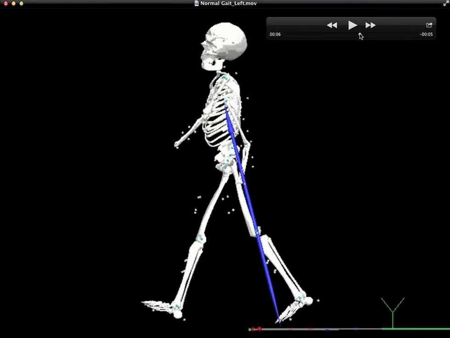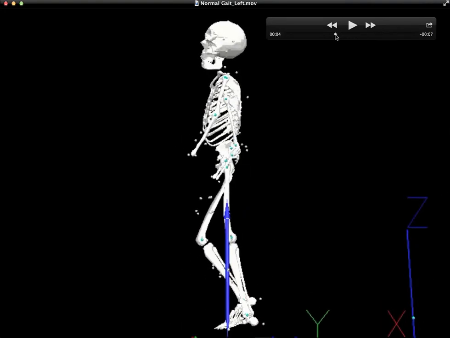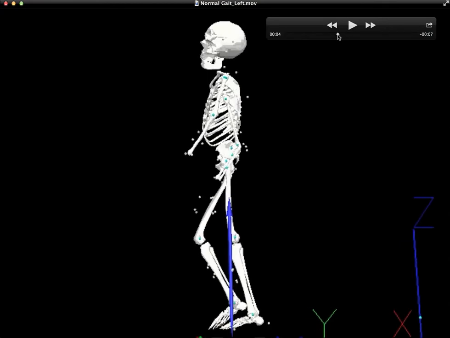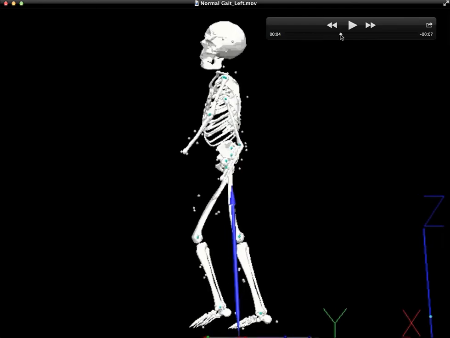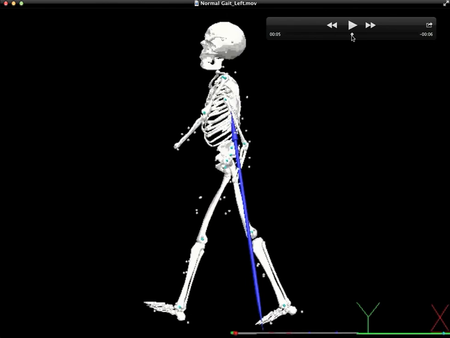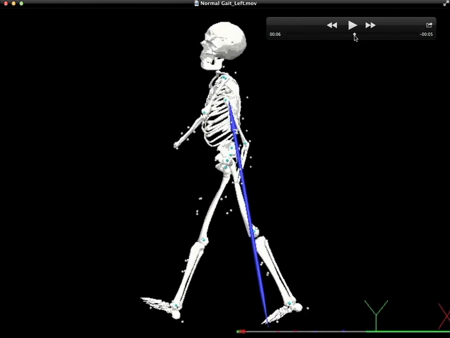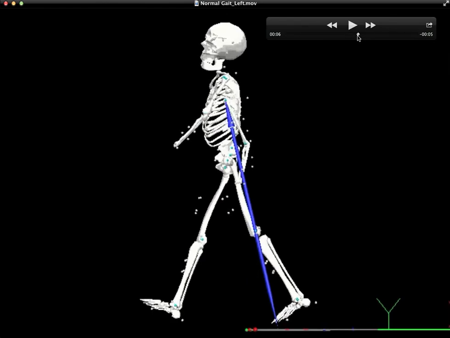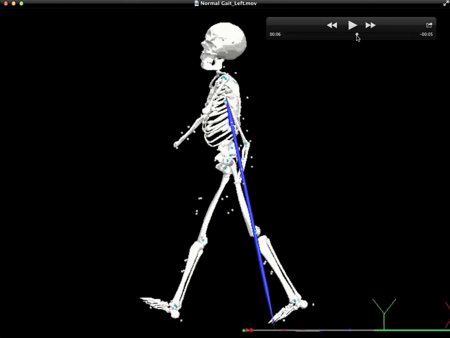So we have 30% just as the heel starts to come up, and then opposite heel contact would be 50% of the gait cycle. So now we're halfway through, and there's opposite heel contact right there.